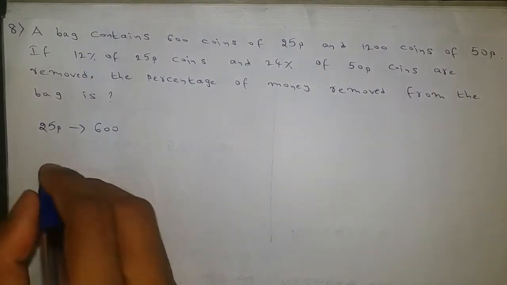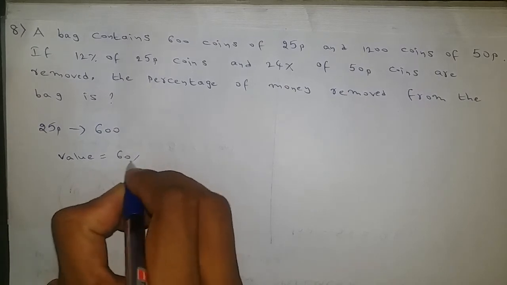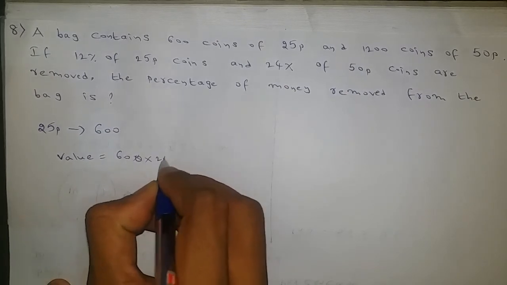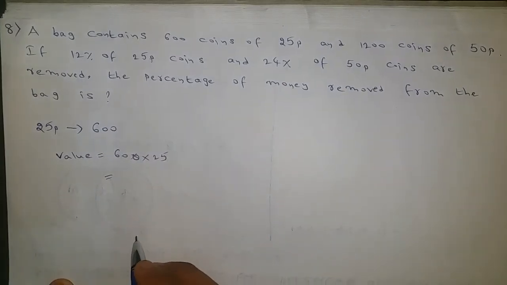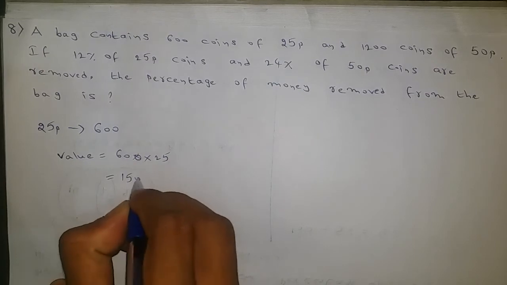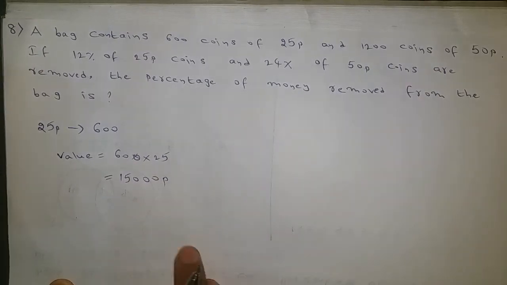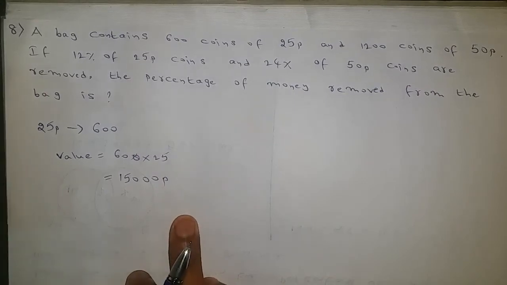Then the value of it is 600 into 25. 6 into 25 is 150, so it is 15,000 paisa. That is the value of it.